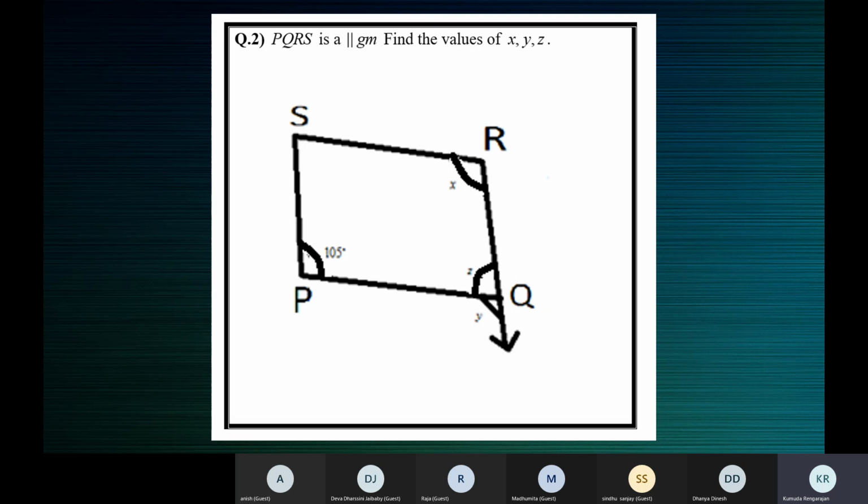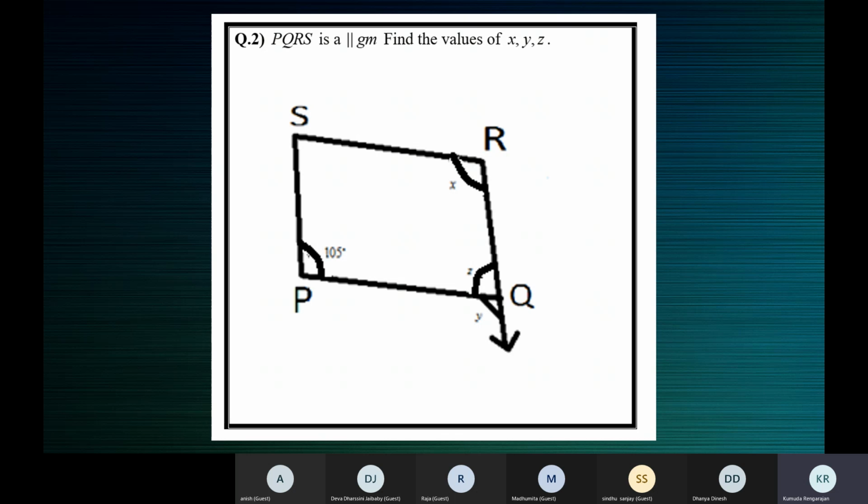Can you recall corresponding angles, alternate angles? When two parallel lines are intersected by a transversal, corresponding angles are equal. Alternate interior angles are equal. Can we recall that from standard 7? Yes, ma'am. Can we use one of those properties and find Y first?